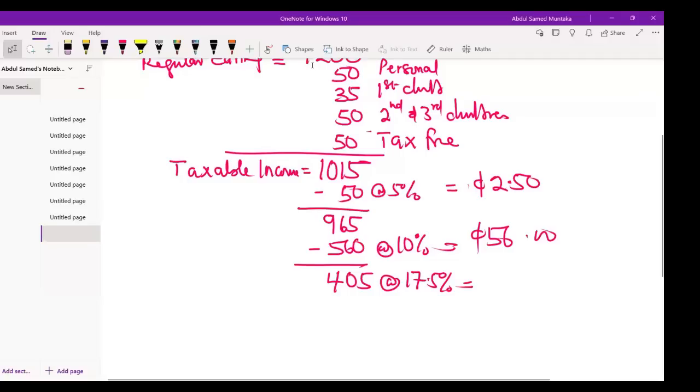So this is where I tell you that even if this money was left with 1 cedi, government will still tax 17.5% of it. Lisa, you got 70.86, but everybody is getting 70.88. So check your figures. So this is 70.88. We have finished taxing.